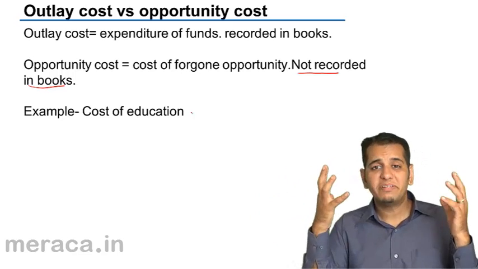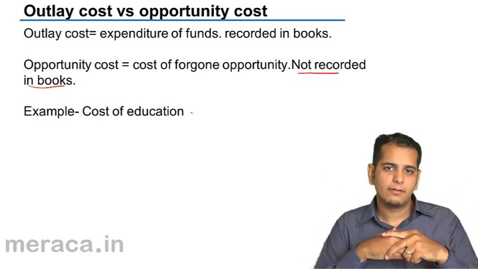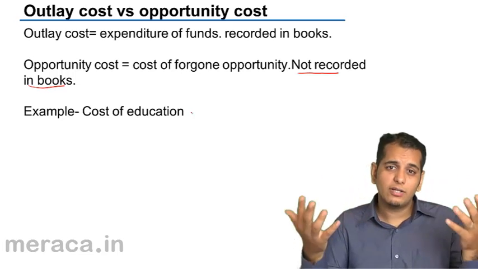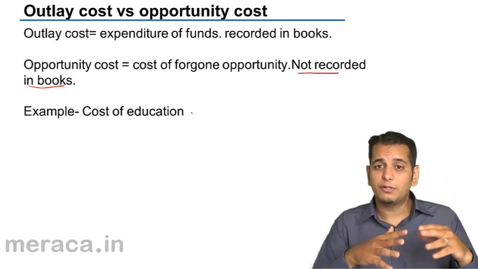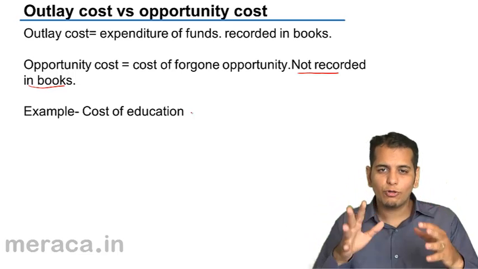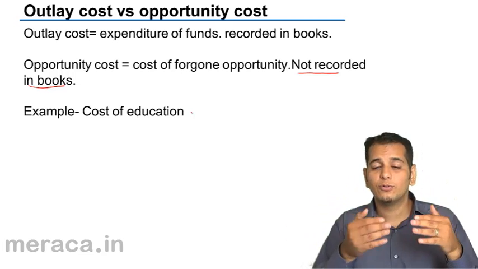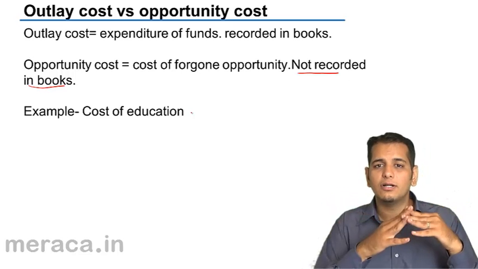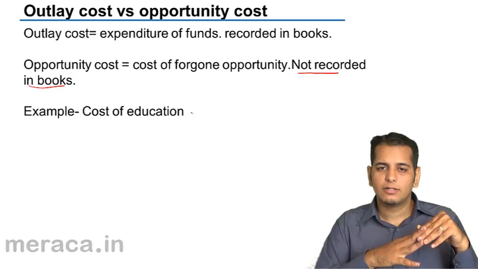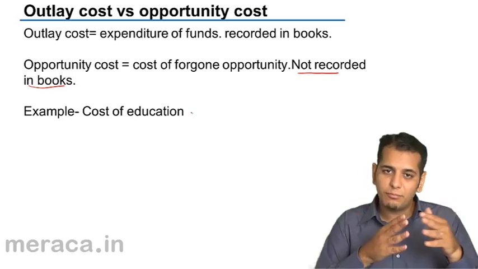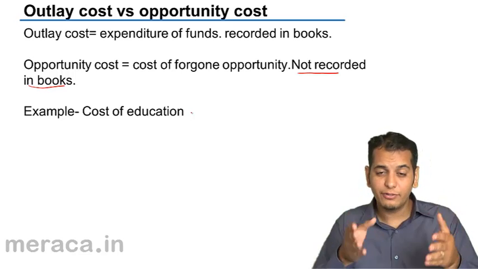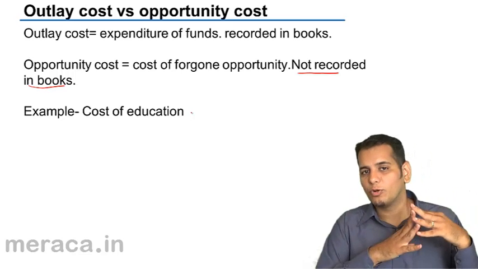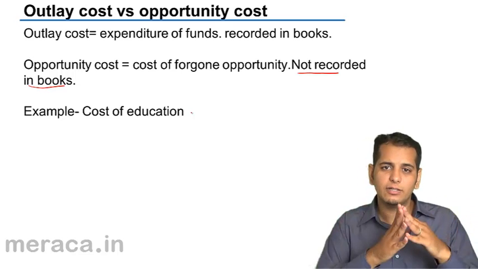This is what we generally think. But we fail to understand that while doing MBA, you are foregoing the earnings that you could have made. You could have started earning money. Had you chosen to be employed somewhere, you would have started earning.